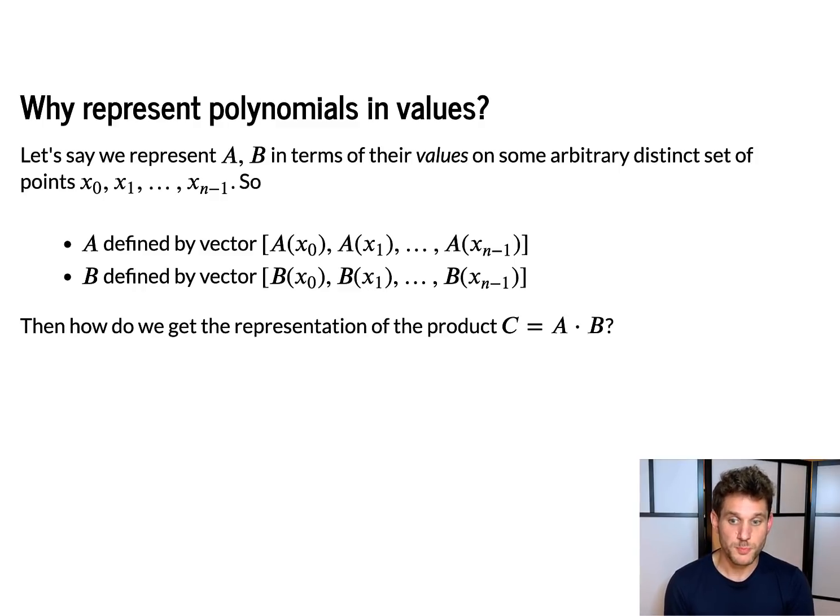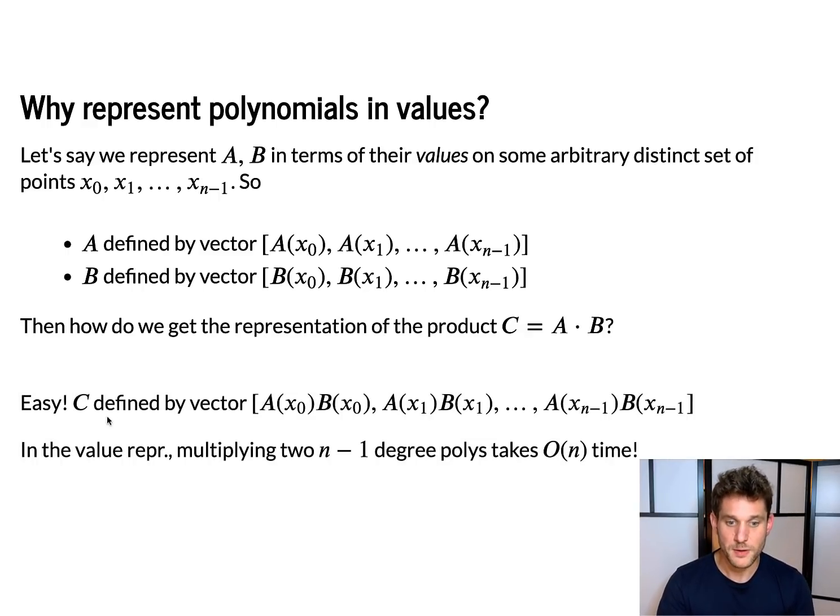Let's call that C. What's the product C equals A times B? This is the product of 2 polynomials, but I'm interested in C represented again in the values it takes at these endpoints. It so happens that we can now define C by this vector of values, which is just A of x0 times B of x0, comma, A of x1 times B of x1, comma, dot, dot, dot, A of xn minus 1 times B of xn minus 1.